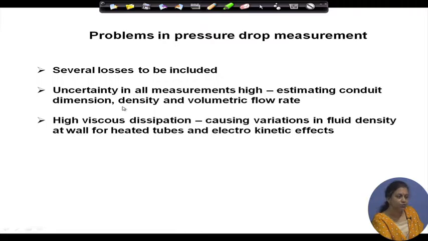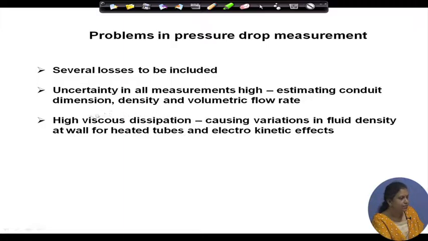And finally, there is also one more thing which we should consider, particularly with respect to boiling two-phase flow. There is a high viscous dissipation, as the viscous forces are much more important as compared to inertial forces. So, therefore, there is a high viscous dissipation which causes variation in fluid density at the wall for heated tubes, and also there are some electrokinetic effects as well.